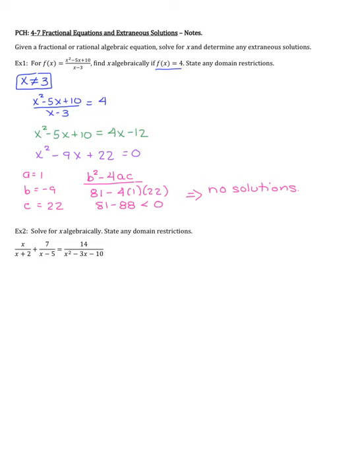Alright, so in this next example we can see from the first fraction that we're going to have the restrictions x cannot equal a negative 2 or a positive 5, and it actually turns out, I can factor this one exactly the same.